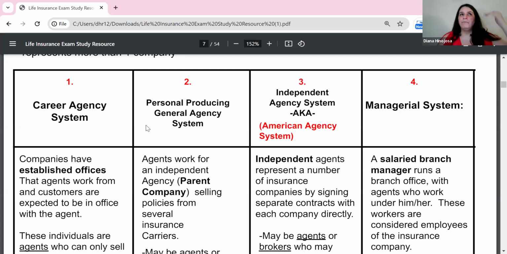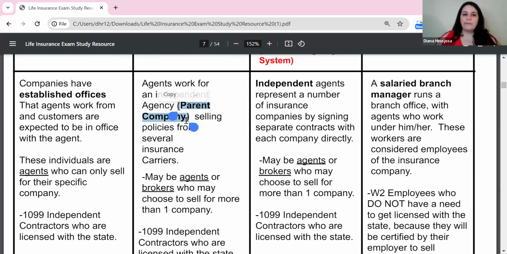You sign up with them, they have a contract with all of these different carriers, and then you are able to recruit individuals, train individuals, grow your offices, and kind of break off and make your own insurance agency through that parent company you signed up with. Okay, so with the personal producing general agency system, you're going to have your parent company.